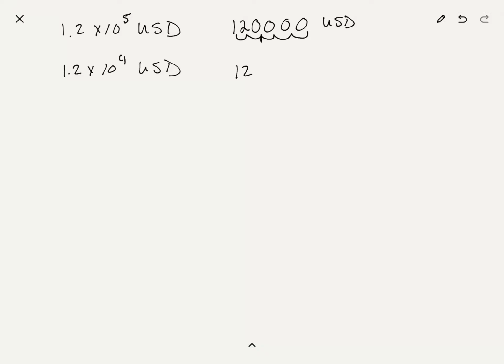So now we're only going to move it 4 spots. 2, 3, 4. So by changing our exponent by 1 spot, we changed our number by 108,000 in this example.